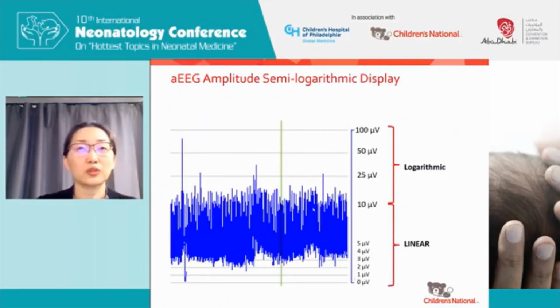Now, because most of the amplitude in a normal adult is under 25 microvolts, the y-axis is in a semi-logarithmic fashion so that it highlights and provides us better resolution to see the variance in the amplitude.